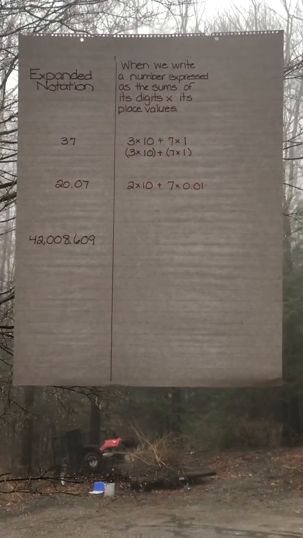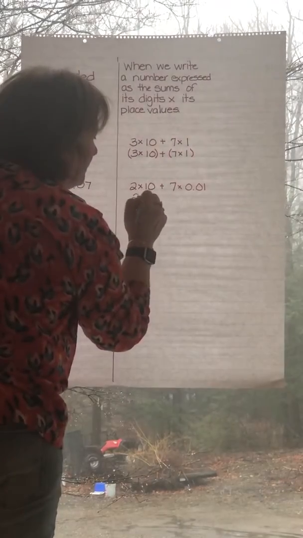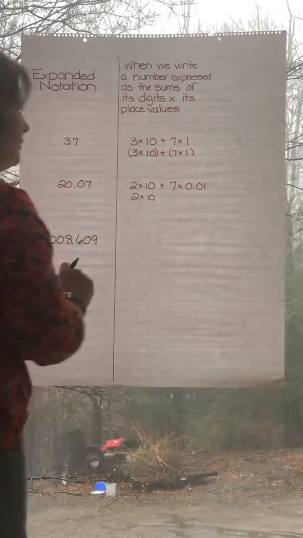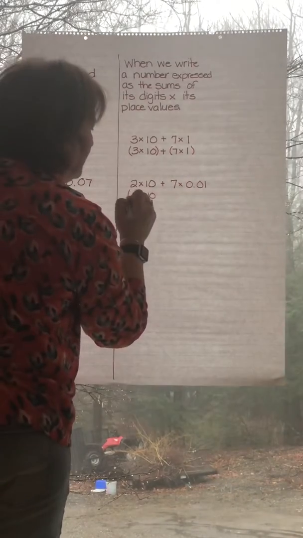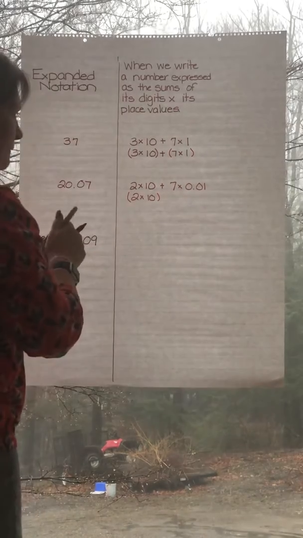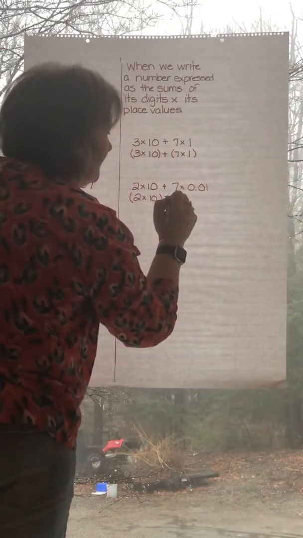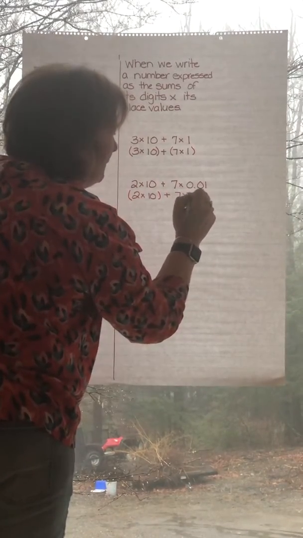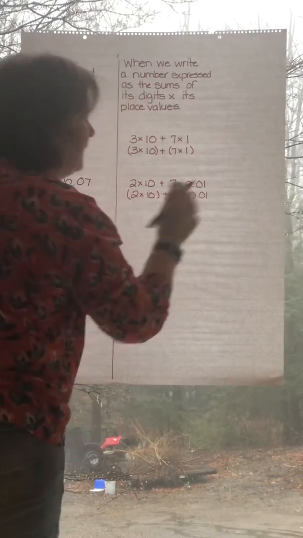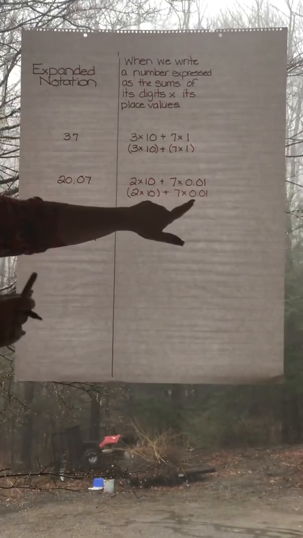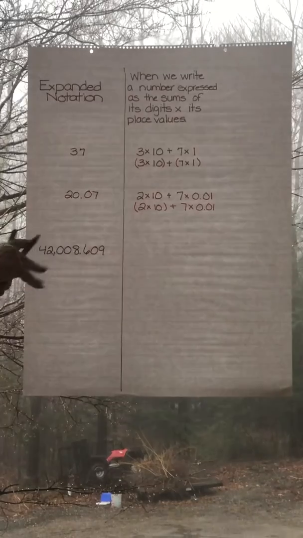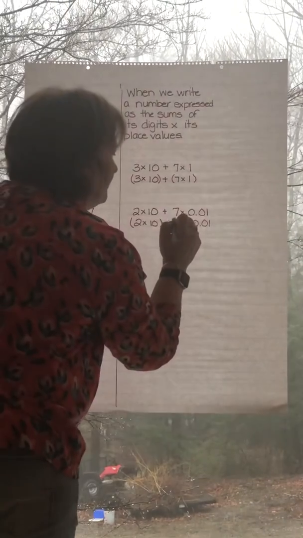And again, if it seems clearer to you when you're starting out, you can put those parentheses around it. I just really want to call attention to this: it's the digit times the place value. That is how we write that.